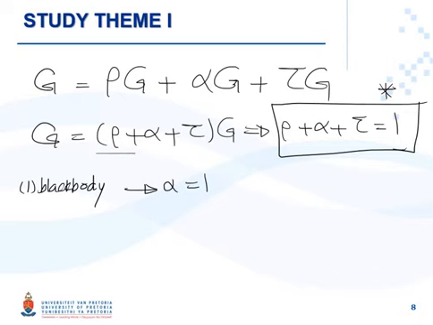So if absorptivity is equal to 1, because it's a perfect absorber, rho and tau need to be equal to 0. So immediately when we hear blackbody, alpha is equal to 1, emissivity is equal to 1, rho is equal to 0, tau is equal to 0.